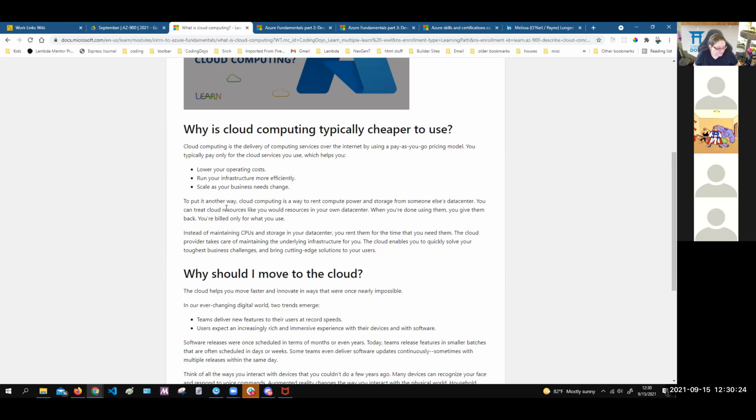If you buy a lot more and then you don't utilize them all, then you have them laying around not doing anything. Whereas with the cloud, you should be able to scale relative to how much you need. You should be able to spin up more if you need more, or stop some from running if you don't need that much, allowing you to be a lot more in control of the cost.